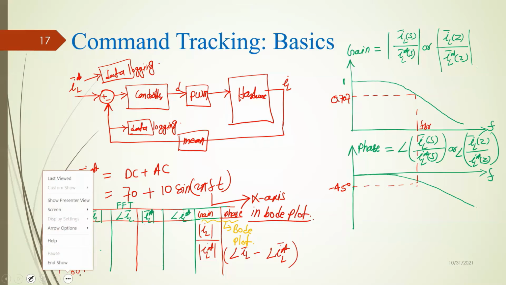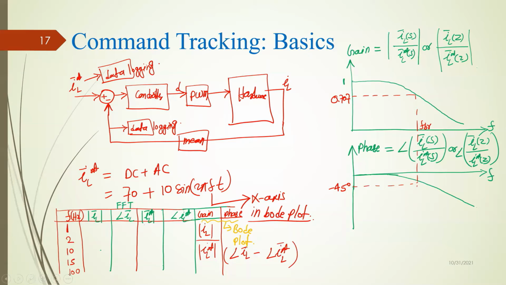So what you do is you give the different frequencies one at a time, wait for steady state to occur, sample the signals using data logging, and then you do FFT of those signals and get the gain and phase for the harmonic frequency present in the system. You can find the actual gain and phase for your command tracking plot.